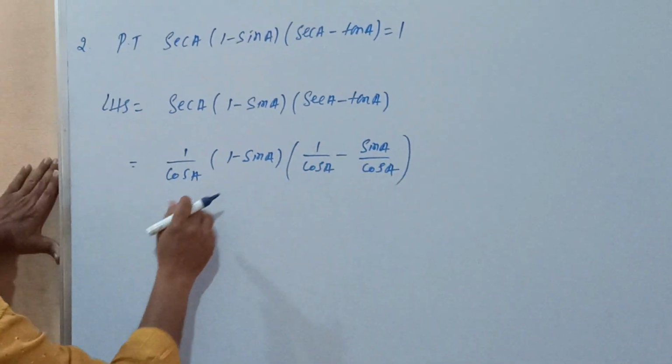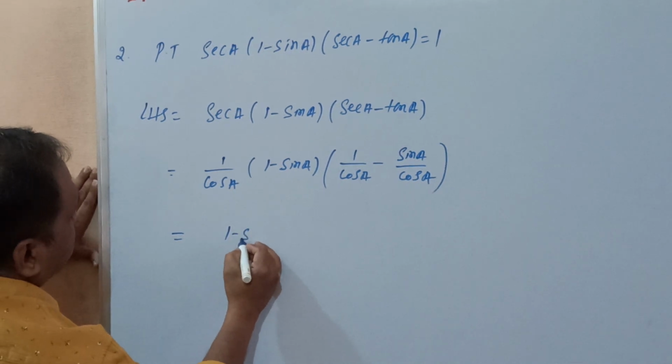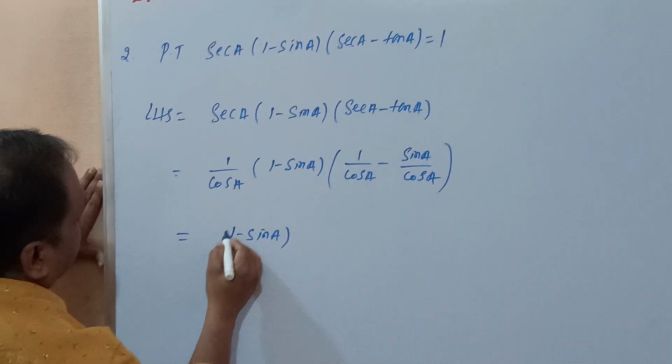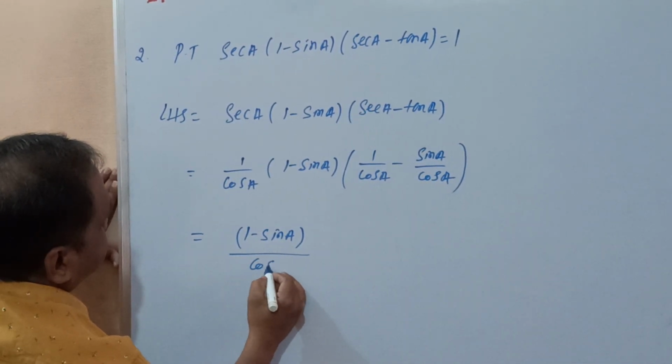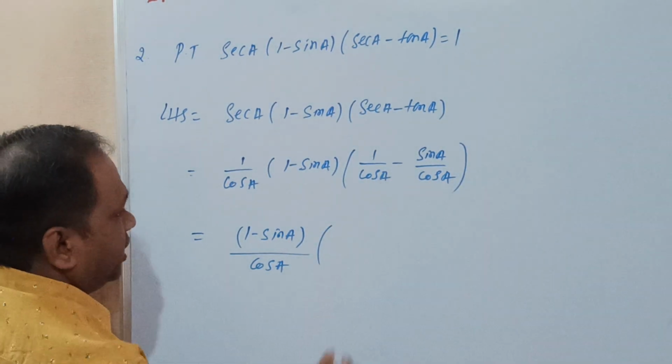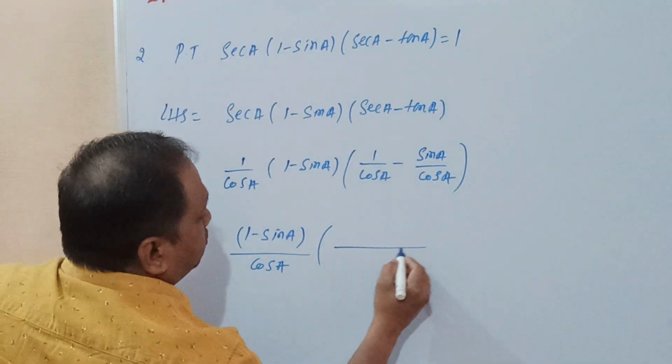So these two I will write as it is: (1 minus sin A) by cos A. In the bracket I will take an LCM over here.